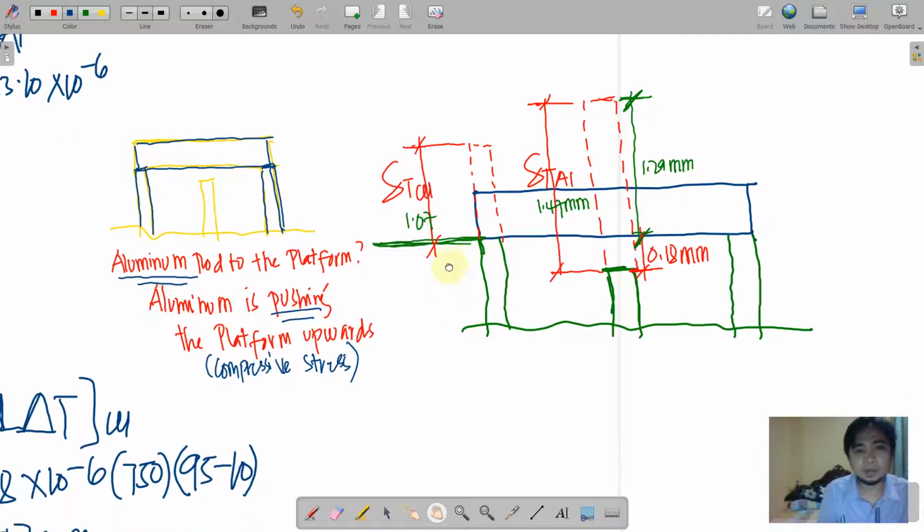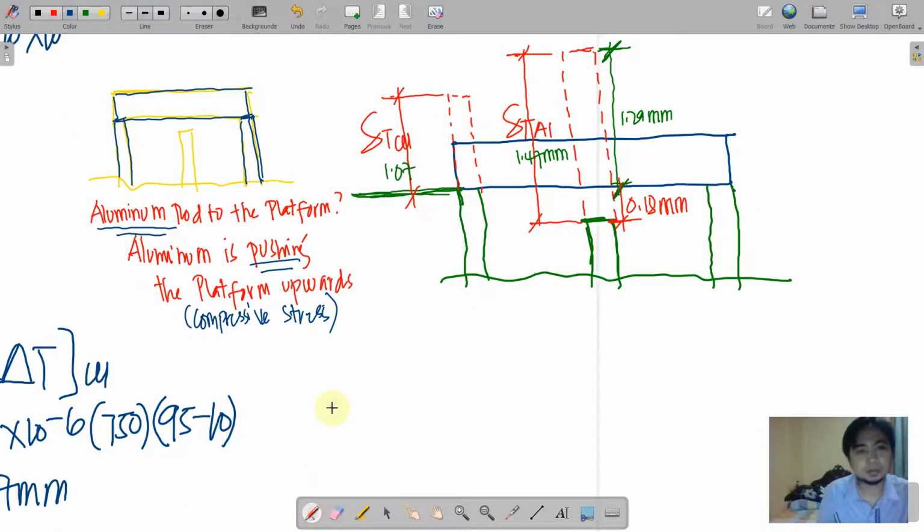For the next question, what is the effect of the platform to the copper rod?